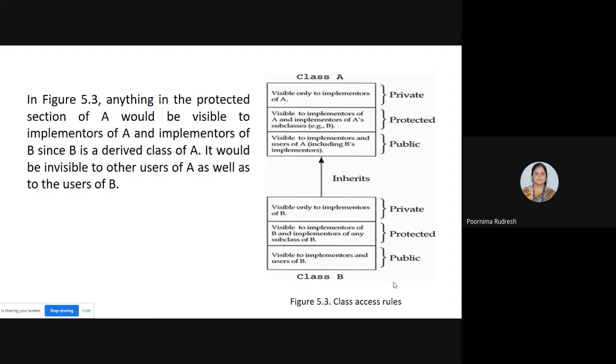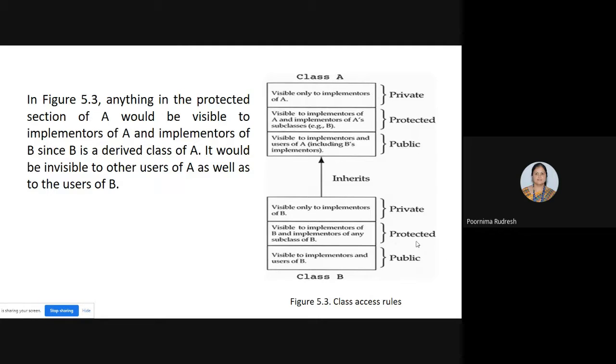Similarly, for class B, we have three types of accessing areas: private, protected, and public. If it is declared as private, then class B implementers can see that area or can access that area. And if it is declared as public, then this is visible to both the implementers and users of class B. Understood? And if it is declared as protected, then what happens here?